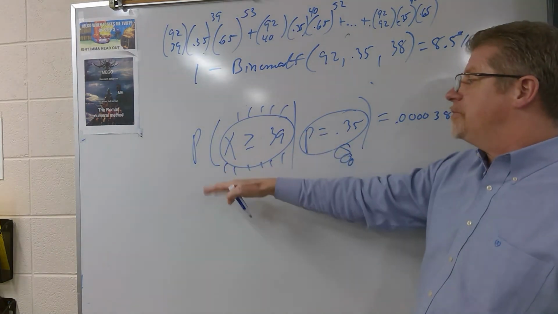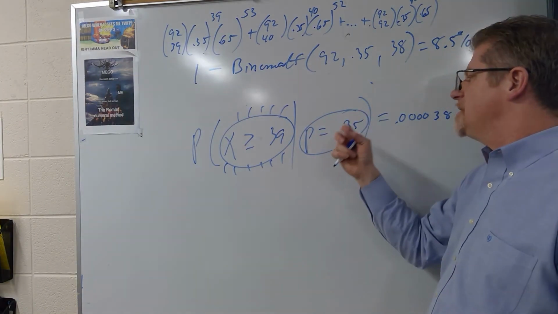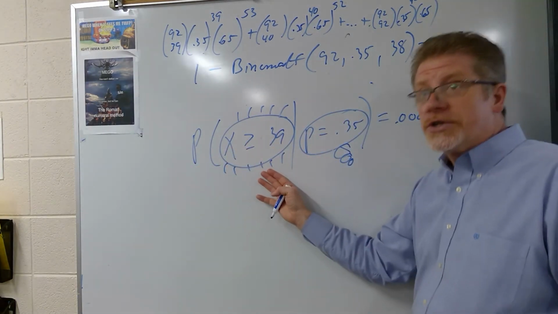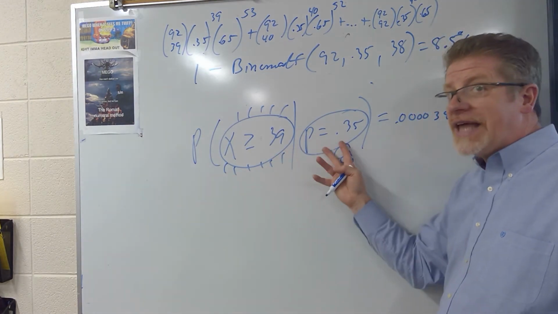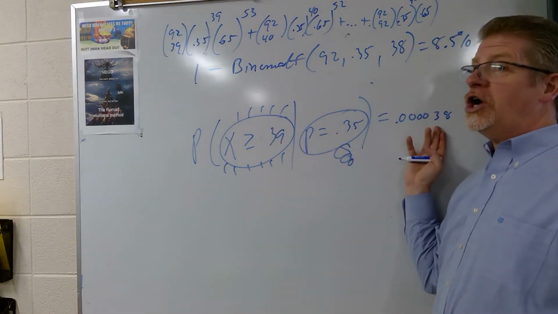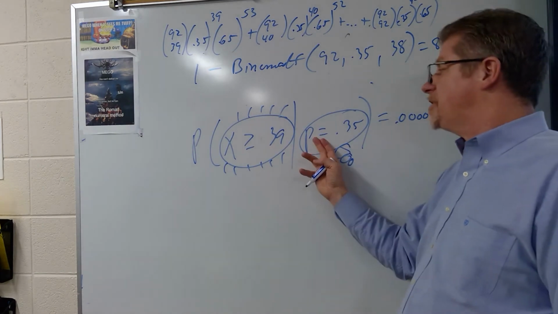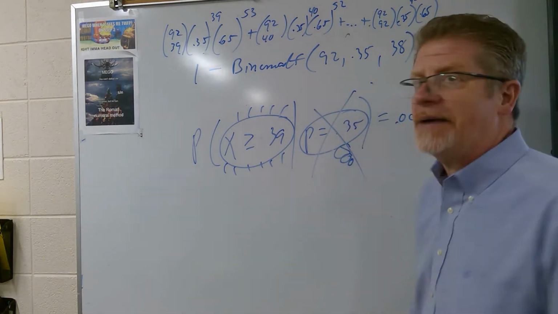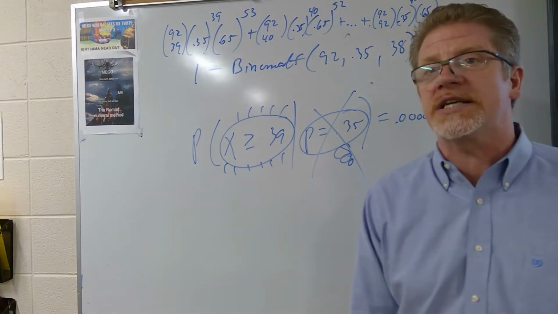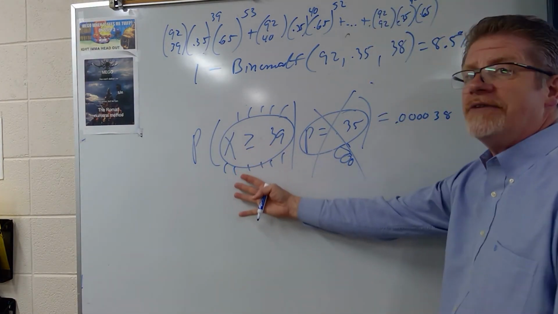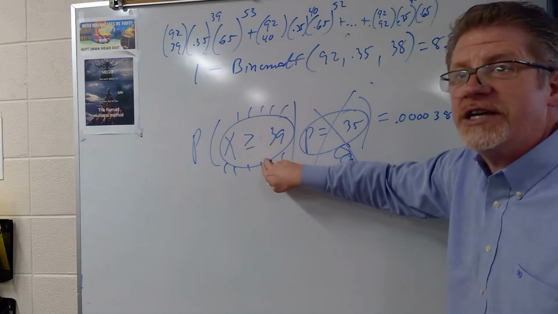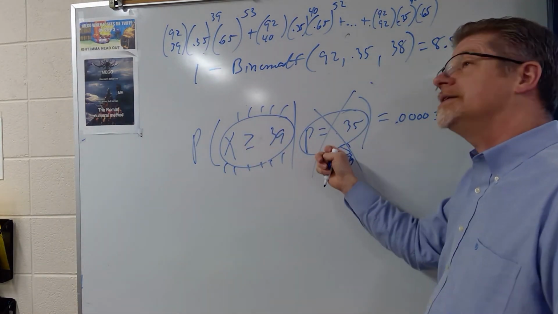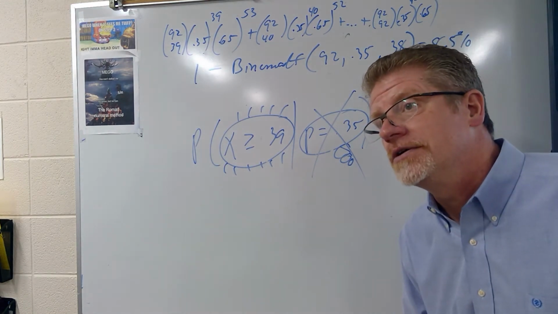If they end up saying, well, I'm supposed to believe that 35%, if the probability that what I actually observed, given that belief, is really, really low, I don't like believing in things that lead to low probabilities. So I'm going to reject that belief, I'm going to reject that hypothesis, and I'm going to conclude that I have sufficient evidence. In this observation, I have sufficient evidence that P is not equal to 0.35.